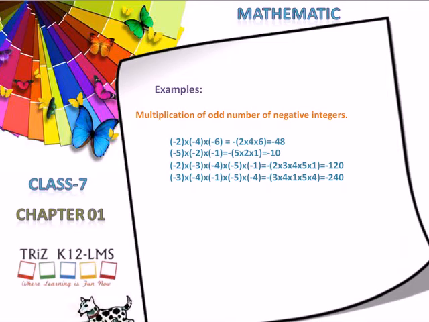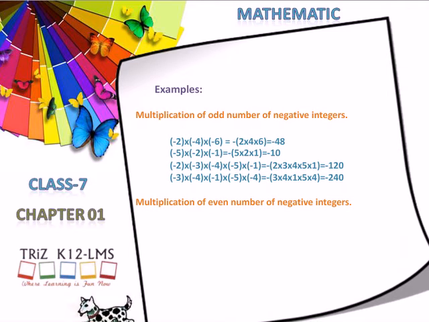Minus 2 into minus 3 into minus 4 into minus 5 into minus 1 is equal to minus (2 into 3 into 4 into 5 into 1) is equal to minus 120. Minus 3 into minus 4 into minus 1 into minus 5 into minus 4 is equal to minus (3 into 4 into 1 into 5 into 4) is equal to minus 240.